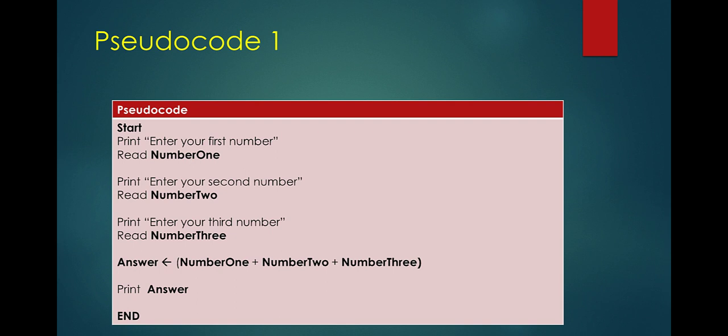And after every print statement, we have a read statement, which actually reads the number inputted by the user to a variable. So at this point, our number 1, number 2, and number 3 variables should all have a number input in memory, right?